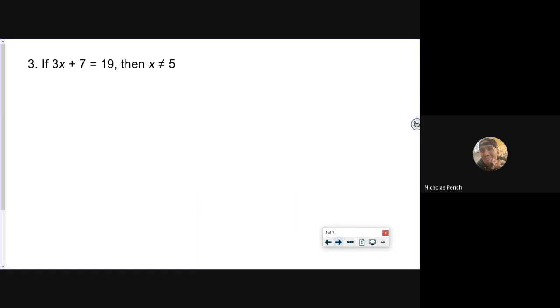What am I going to assume here? If 3x plus 7 equals 19, then x does not equal 5.